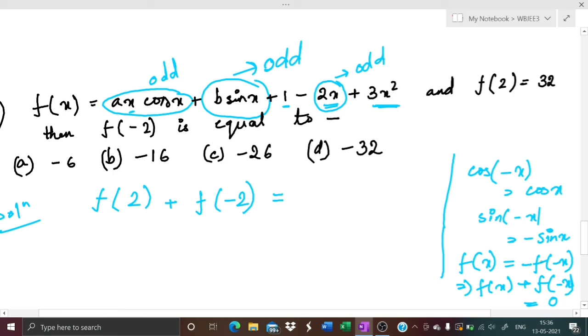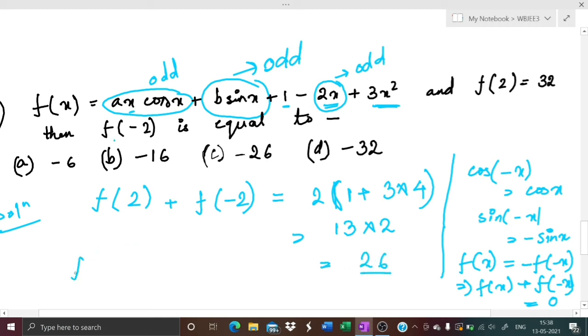So this and this would be 0, and for even functions it will just be added, so it will be 2 times 1, so 1 remains, and this becomes 3 into 2 squared, that is 4, so it will be 13 into 2, that is equal to 26.